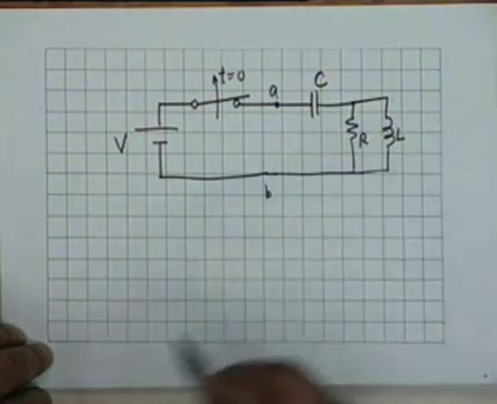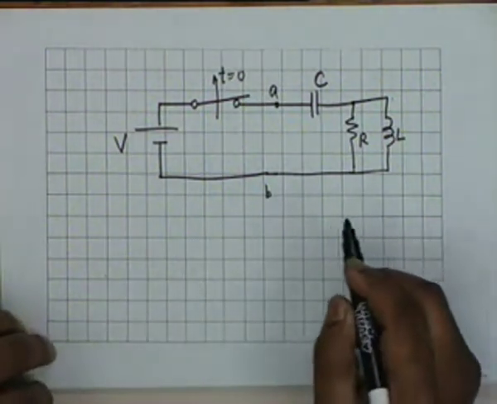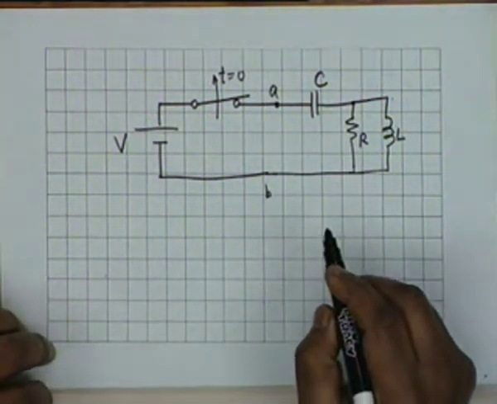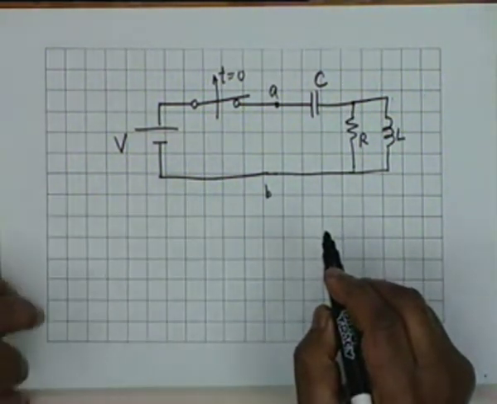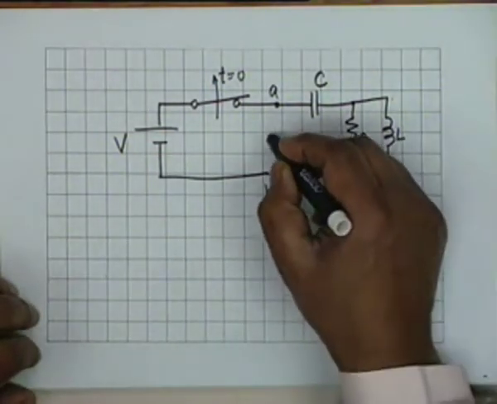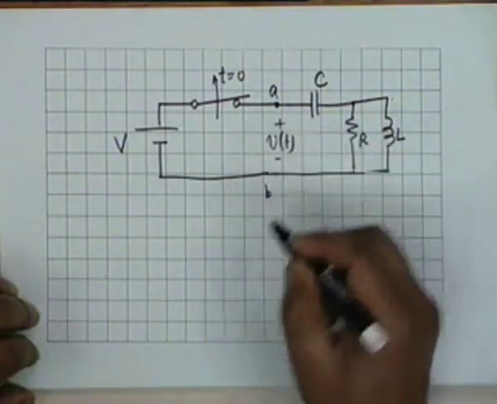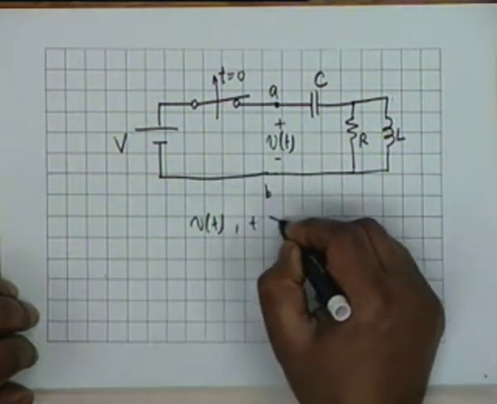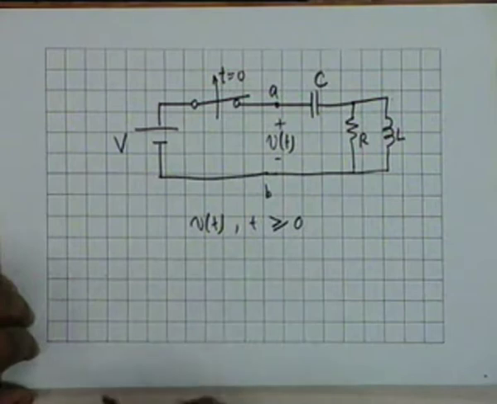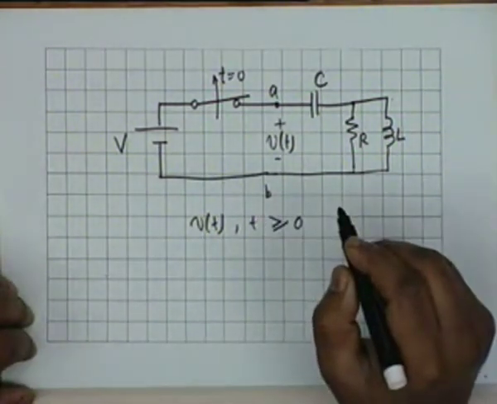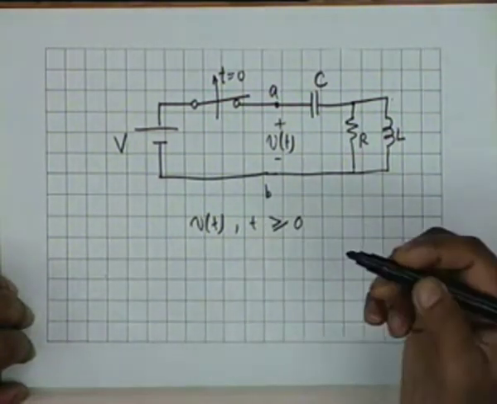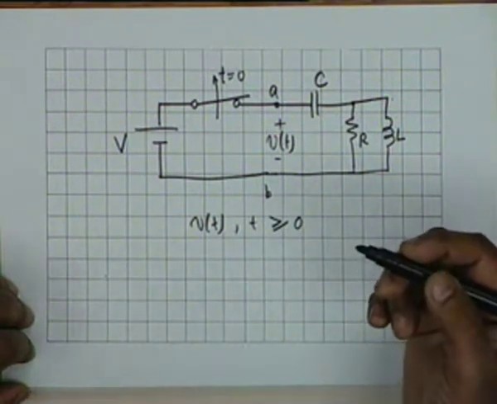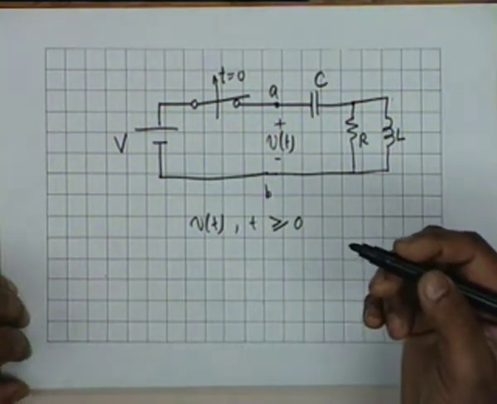What you are required to determine is, if the switch is thrown open at t equal to 0, what is this voltage V of t for t greater than or equal to 0? This is what has to be determined, and therefore it is a case of open circuit or natural voltage response.